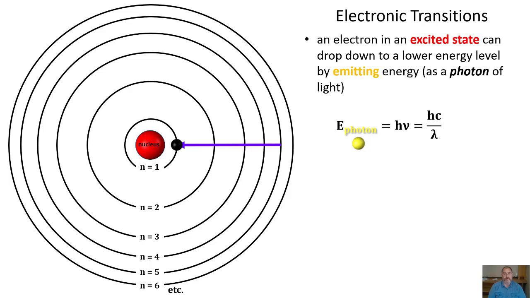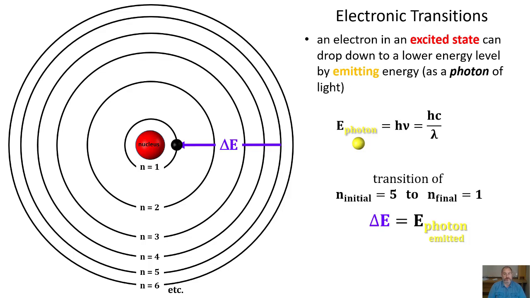Now the energy of the photon is still being given by Planck's constant times frequency, or hc over lambda. But in this case, we went from an electron transition from a high state of n equals 5 to a lower energy level of n equals 1. But just like before, the energy gap that's being traversed by the electron is exactly equal to the energy of the photon, except that this time the photon is being emitted because the electron is going from a high state to a low state.